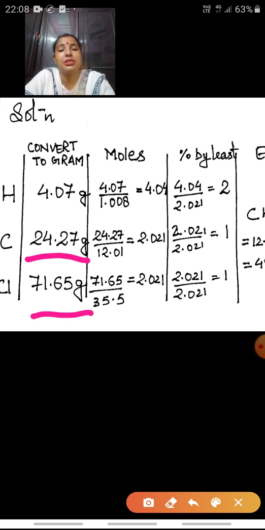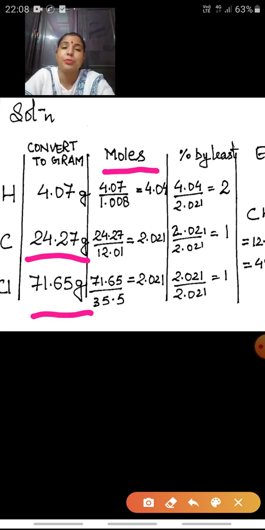Now, the first step was to convert to gram. The second step is to convert to moles. Now, what is meant by the number of moles? How can we calculate? For number of moles, we have the formula given mass upon molar mass. The number of moles of hydrogen will be equal to given mass. Given mass for hydrogen is 4.07.